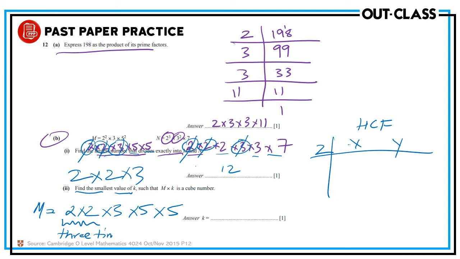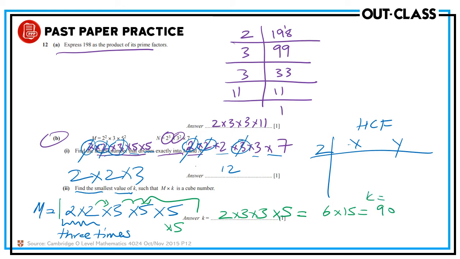So you just have to put in the missing factors, that's it. So I'm missing a 2, I need another 2, so k will need to have a 2. I need 2 more 3s, so k will need 2 more 3s. And I need 1 more 5, so k will need 1 more 5. If I simplify this, 2 3s are 6 and 3 5s are 15, and if I do this further, I should get 90. So that's the answer for k.